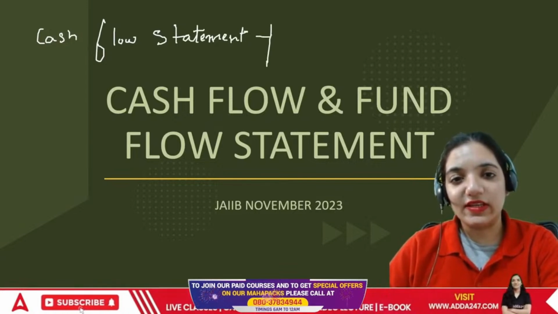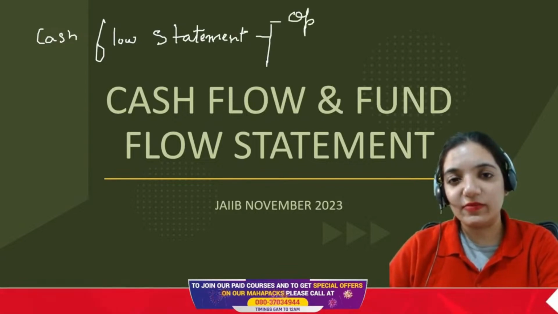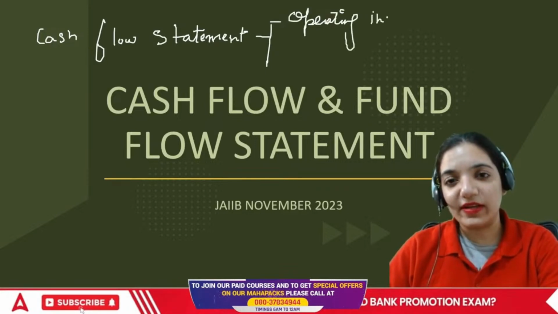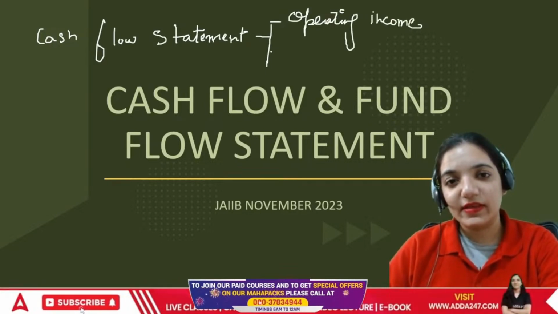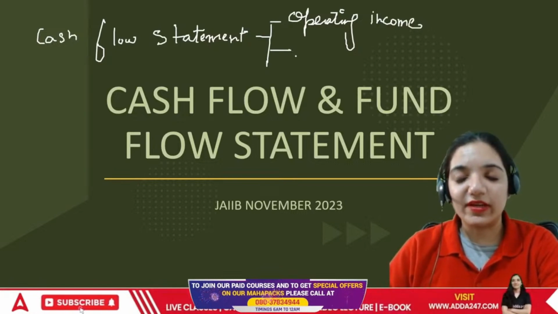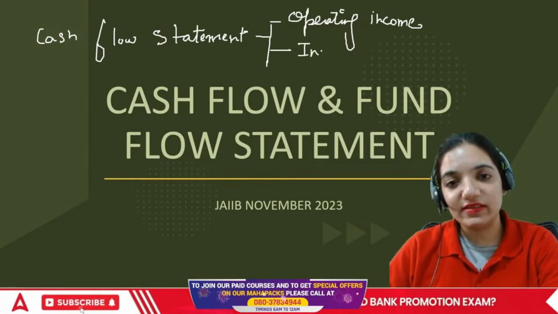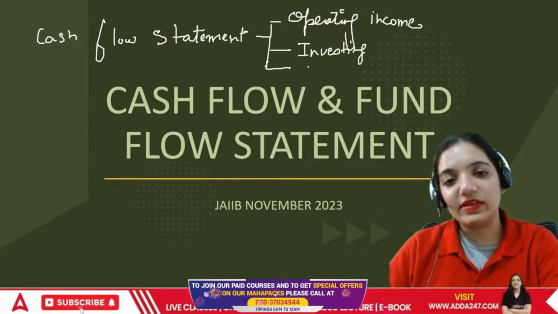The three activities are operating, the money that we earn by doing our business. Then we have investing. And third is financing.